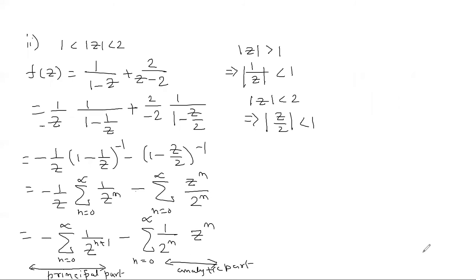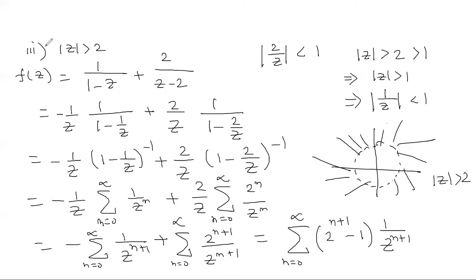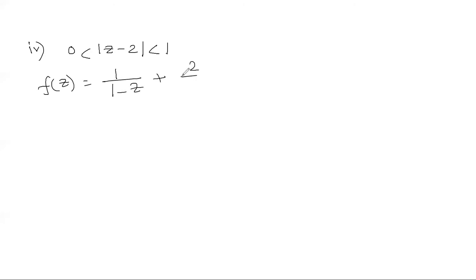Okay, next, what about the fourth case? In the fourth case, we have 0 less than mod z minus 2 less than 1. So what is our f(z)? f(z) is 1 by 1 minus z plus 2 by z minus 2.